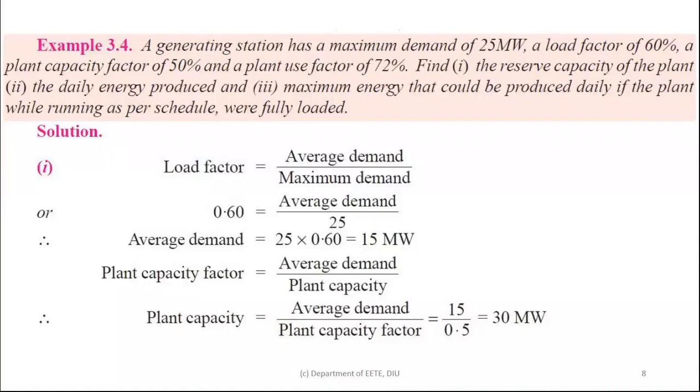Which formula is related to the plant capacity? The plant capacity factor is equal to average demand divided by plant capacity. This formula will give us the plant capacity, because the plant capacity factor is given as 50% in the question, but the average demand is not given.